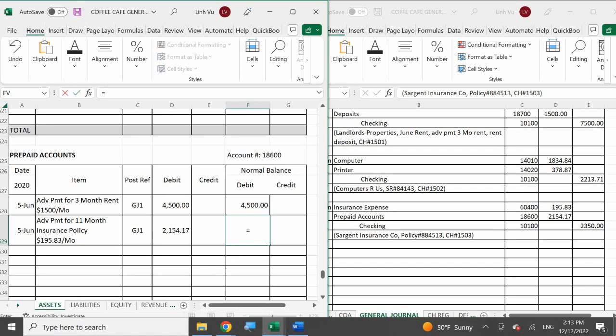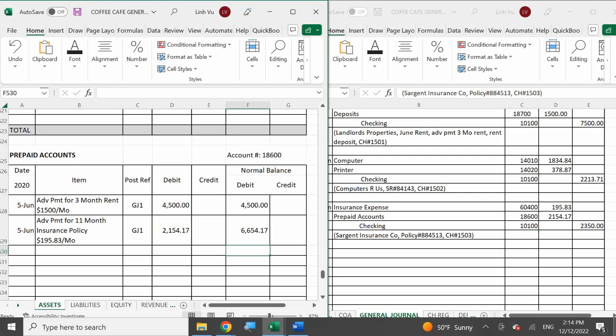So how I'm going to do my formula is I'm going to take my previous account balance, add my debits, and subtract my credits in that same row. And that should give me, when I press enter, a total of $6,654.17 balance in my prepaid accounts.